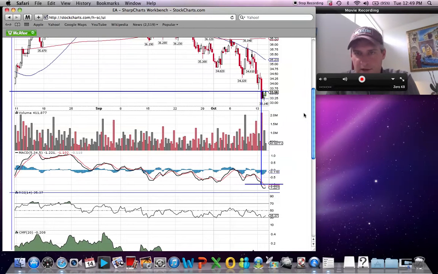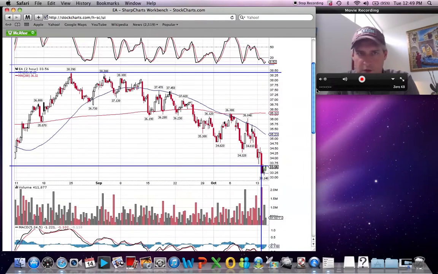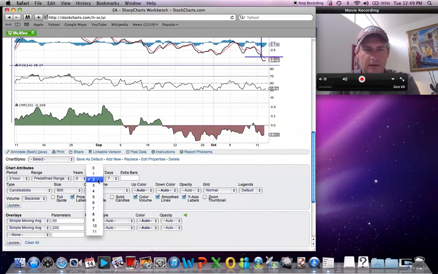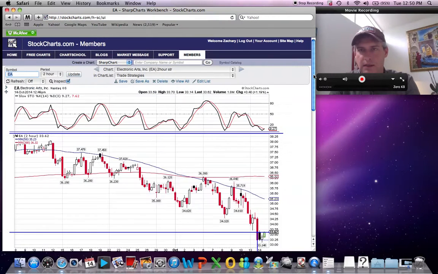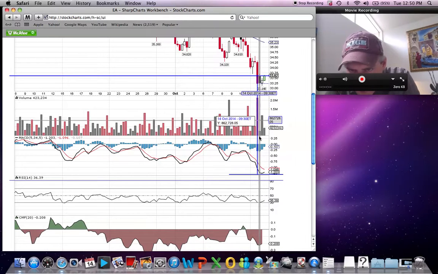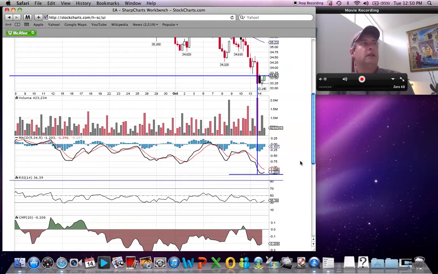It does not appear to have any type of reversal signal there, but I would like to shorten this just a little bit more. Remember, I've got the larger chart. Cut it down to 1 month. And voila. Yep, there's no reversal on that last low.